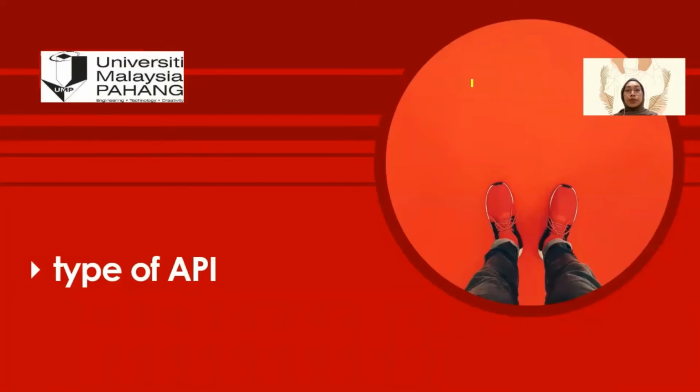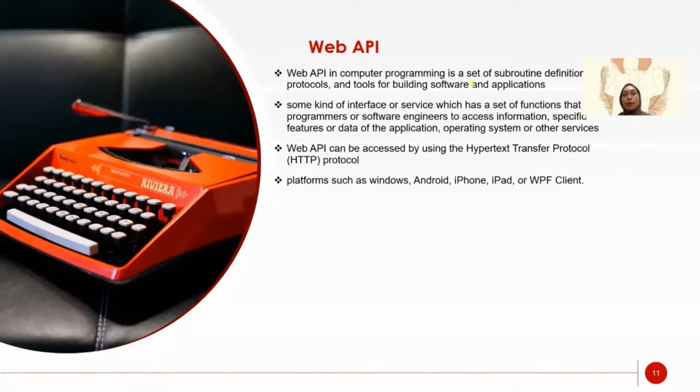Another type of application programming interface, API, in the Majlis Perbandaran Kangar, MPK, is the Web API. Web API in computer programming is a set of subroutine definitions, protocols, and tools for building software and applications. It is some kind of interface or service which has a set of functions for programmers or software engineers to access information, specifications, features, or data of the application, operating system, or other services.